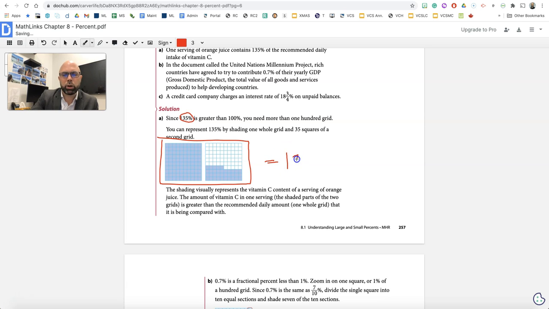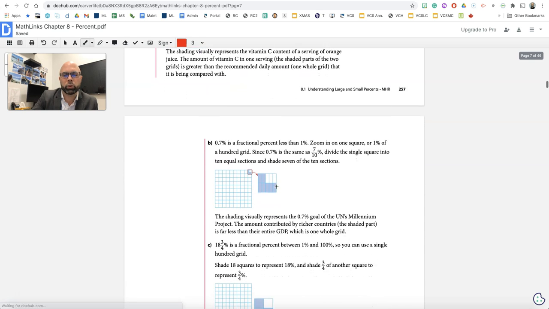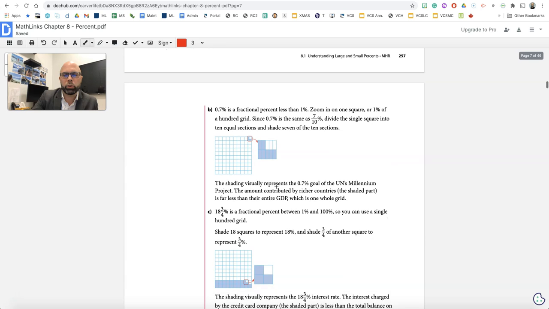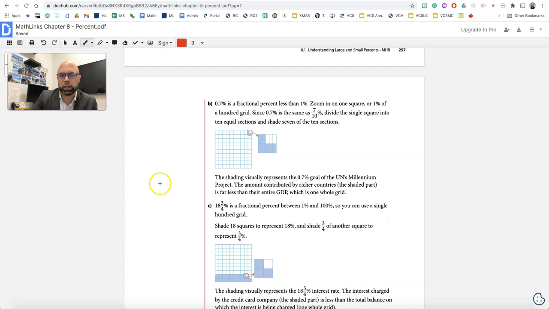This may seem obvious to you, but we're going to come back to these grids often because sometimes there can be confusion between 1% or 0.1%, and those grids are going to be really helpful. So yes, here we have an example of what I'm talking about. If you pause, it might be helpful to zoom in on the screen, but 0.7% is not the same as 7%, right?